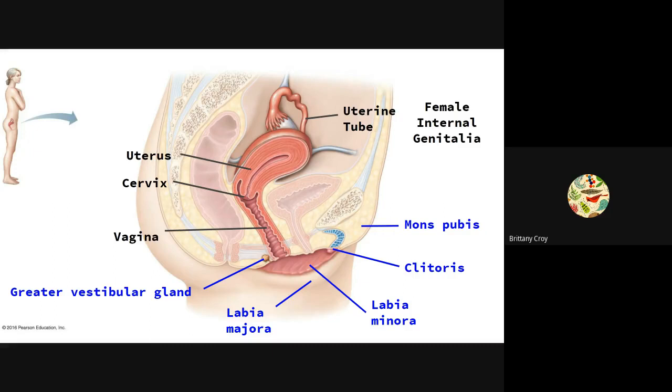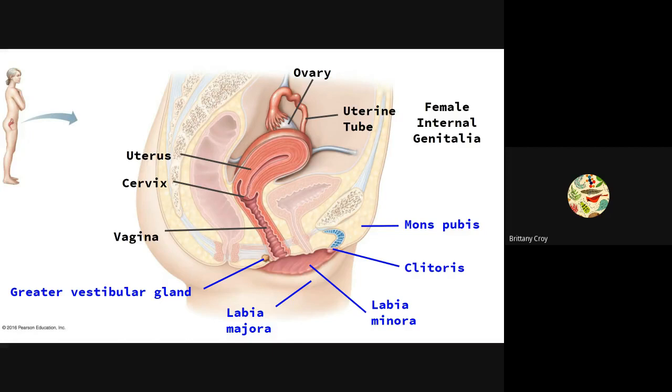It's their job to receive the egg once it's been ovulated. So the egg would travel up the uterine tube right here, and this is actually where fertilization would occur, and then it would implant in the uterus. The egg is ovulated from the ovary, that white structure right there, but notice it looks very similar to the testicles. This is the primary reproductive organ in a female.